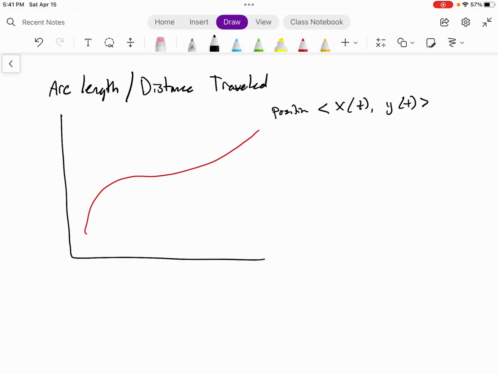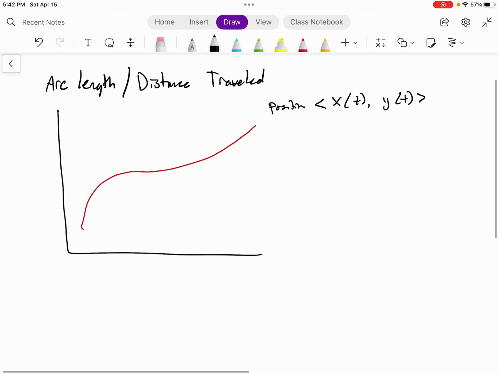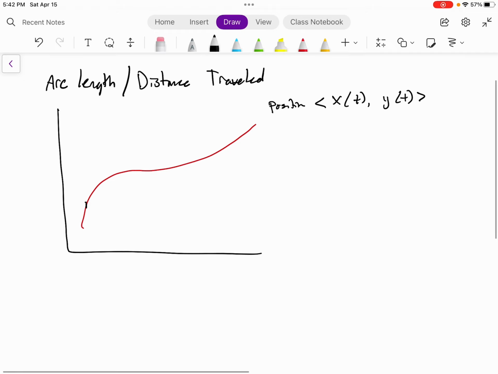So let's think again about if I wanted to find the distance traveled between A and B out here, and let's zoom in and pretend this is much smaller than I'm drawing it here, but let's pretend we tried to find the distance between 2 points.